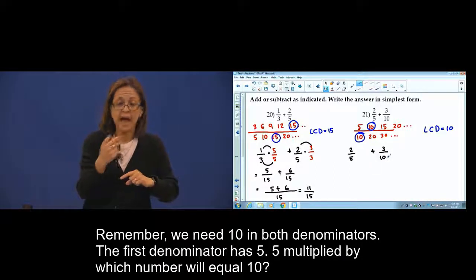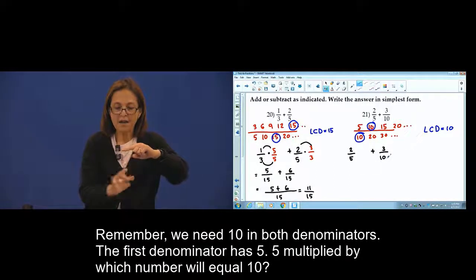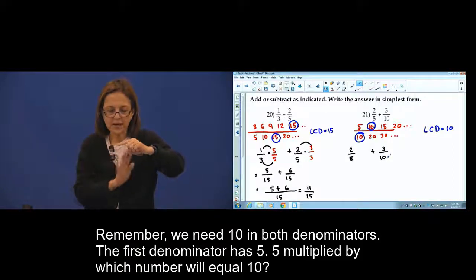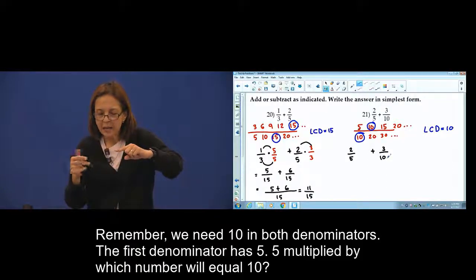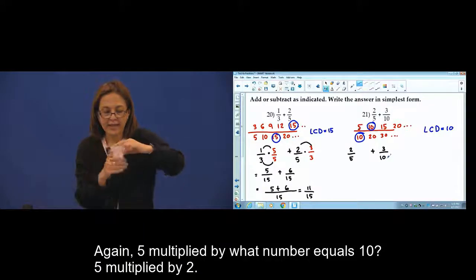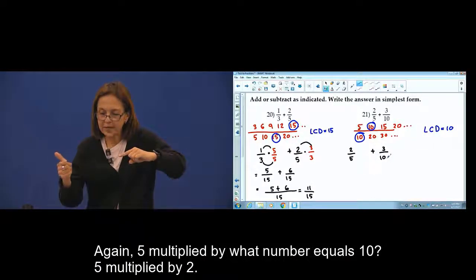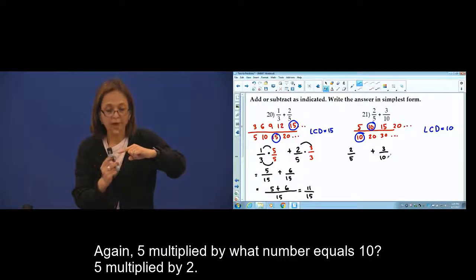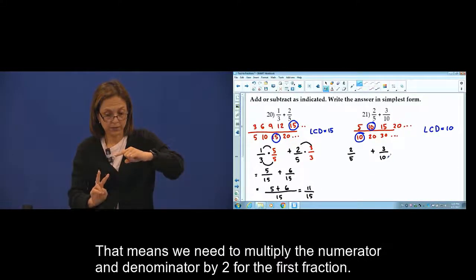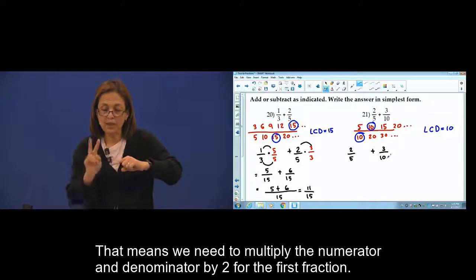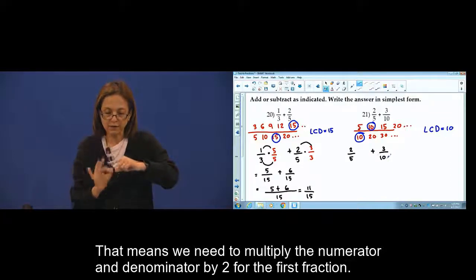So for the first fraction, we have 5 as a denominator. What number times 5 will give us 10? 5 times 2, which means we need to multiply both the numerator and denominator by 2.